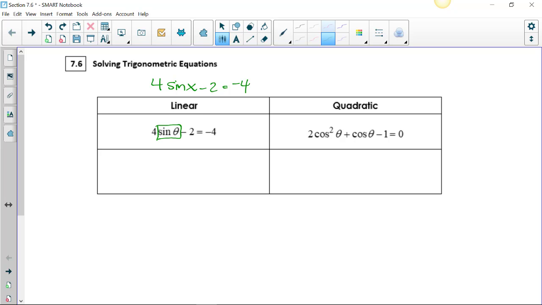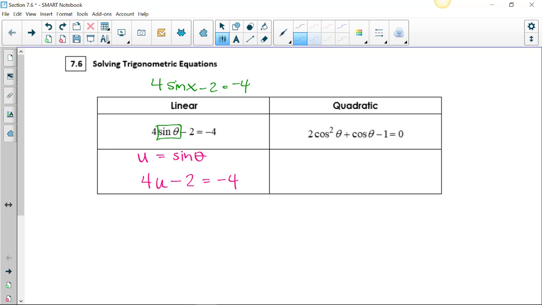But a popular substitution we do in math, and you will do it in calculus, is what we call a u substitution. So I'm going to let sine theta be u. So I'm going to say u is sine theta, and then I'm going to rewrite the equation in terms of u. So instead of a sine theta, I have a u. So 4 times u minus 2 is negative 4.